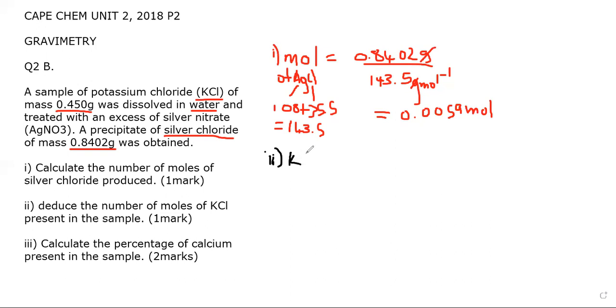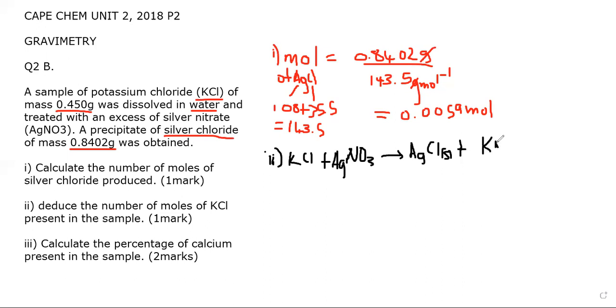So KCl reacts with silver nitrate, and you will get silver chloride, the precipitate, and potassium nitrate.